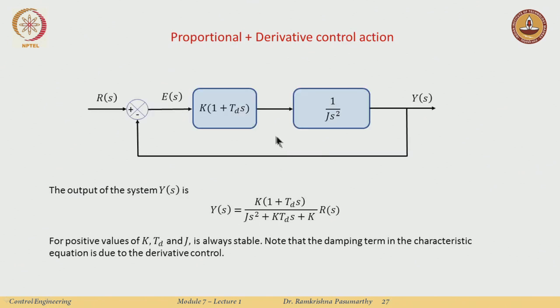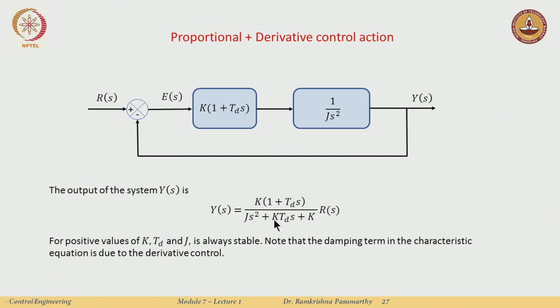Okay. So, what is the effect of adding a derivative or a proportional plus derivative term to the plant 1 over Js square, which did not have any original damping? So, the output of the system is now, well, this K, this entire thing is the numerator. Now, look at the characteristic equation or the denominator, Js square plus K Td times s plus K. Now, this is just a second order system, and we know that for positive values of J, K and Td, the system is always stable.